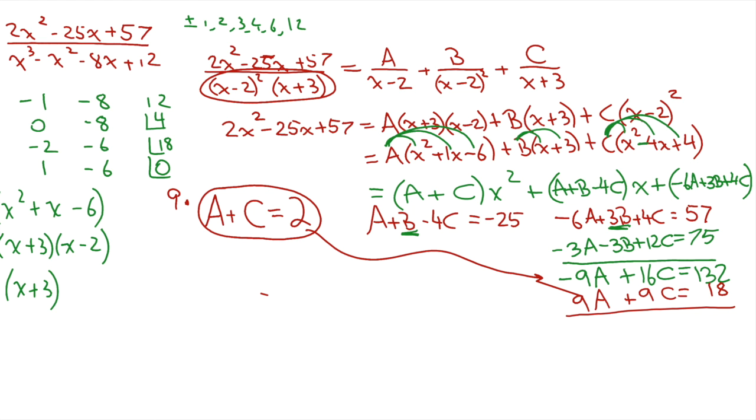For a grand total of 25C is equal to 150. And how many times does 25 go into 150? That's 6, right? So C equals 6.